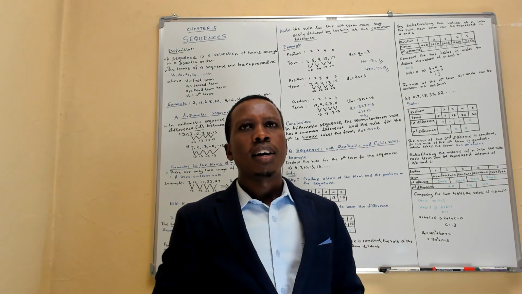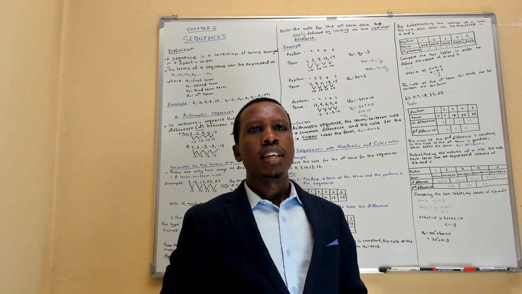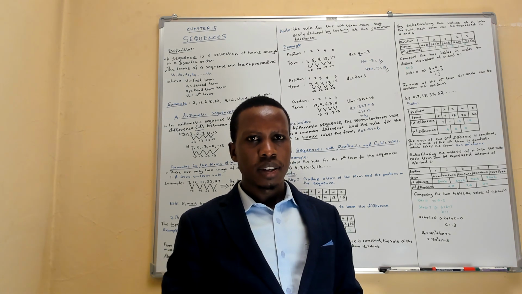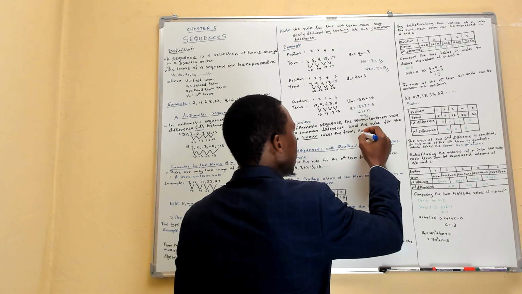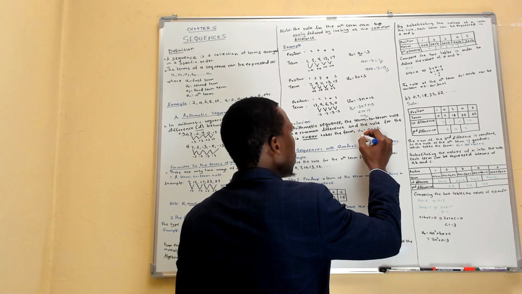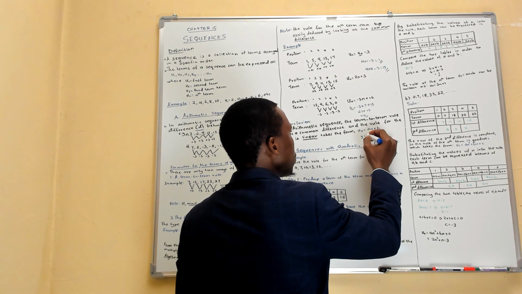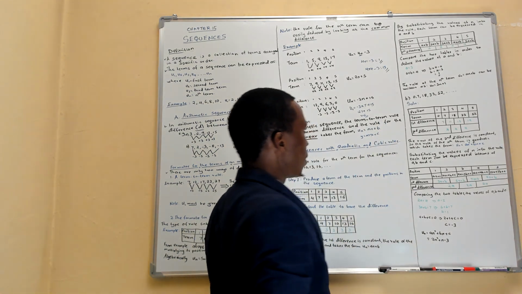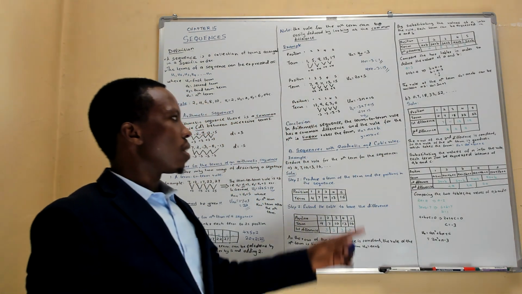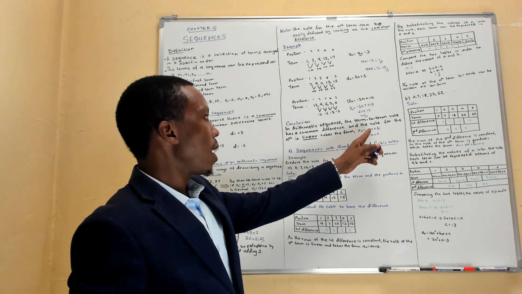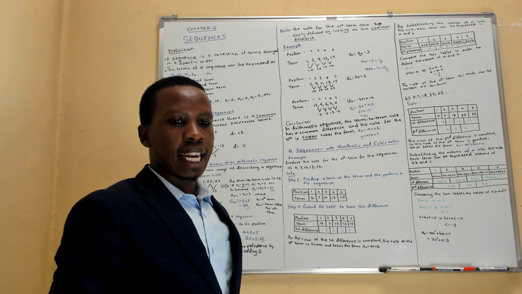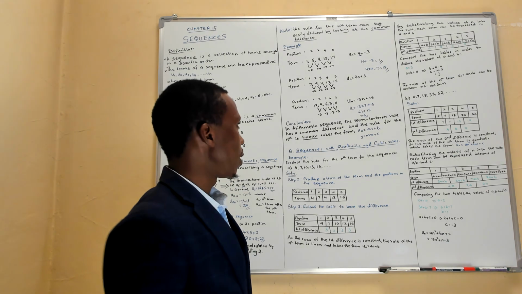Just like the equation of a line, whereby we are told that y equals mx plus c. You see, the highest power of x is just 1, just like the highest power of n here is 1.